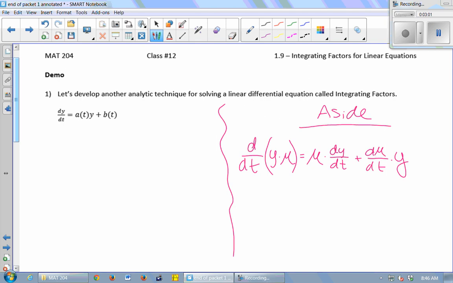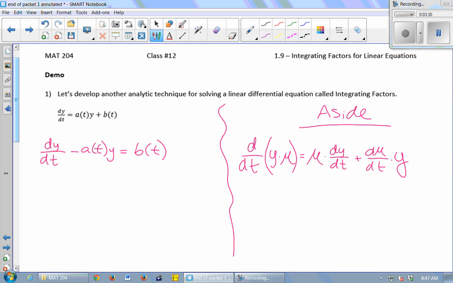Okay, so let's keep this in the back of our minds, that this is the product rule for a function y and some function mu. And what we're looking for is the function y that solves this differential equation. First thing I'm going to do is rewrite this as dy dt minus a of t y equals b of t. This is also something we did with the 3-step process. It helped us guess by putting everything with y's on one side.